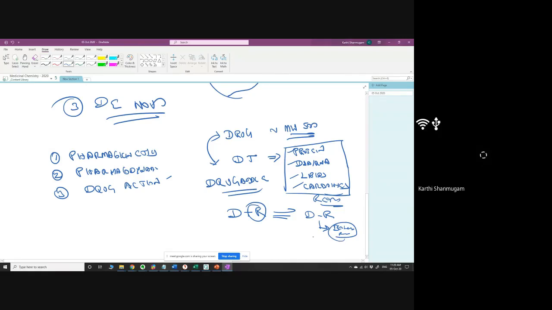This entire thing is what is called drug action. So drug action is how the drug molecule binds to the drug target, how it forms the drug receptor complex, and how that leads to the biological response. Specifically, the final biological response is the drug action.